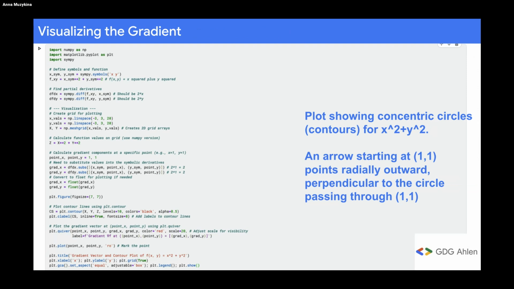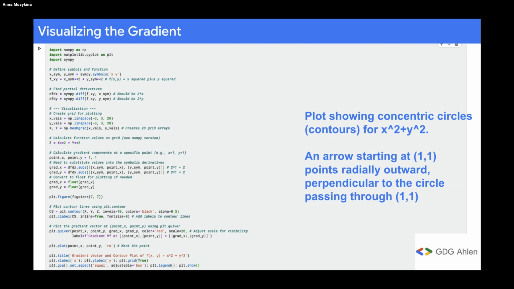Then it sets up a grid of x, y points using numpy.meshgrid to calculate the function value z across the grid. It calculates the specific gradient vector components at the point 1, 1 by substituting x equal 1 and y equal 1 into the derivative expressions, giving 2, 2.